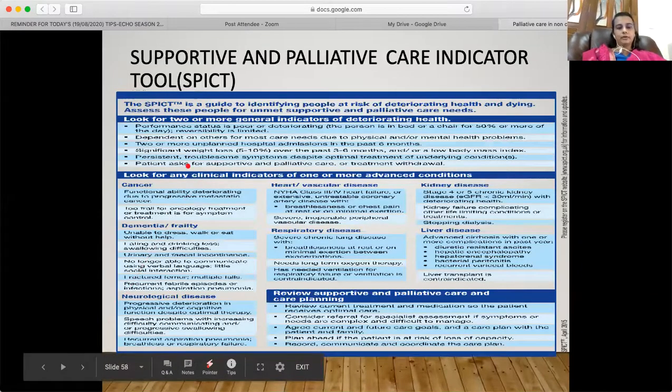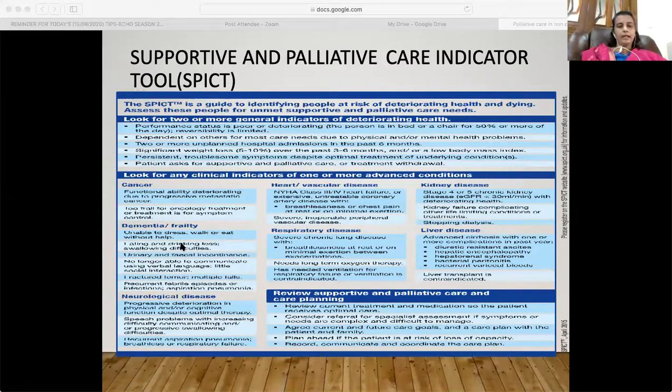This is an important tool that was developed quite recently, the Supportive and Palliative Care Indicators Tool, or SPICT. It's useful for identifying patients with advanced life-limiting conditions. Now, this can be cancer also. It can be any condition, so that they receive appropriate care according to their need. You can find this tool on the internet.